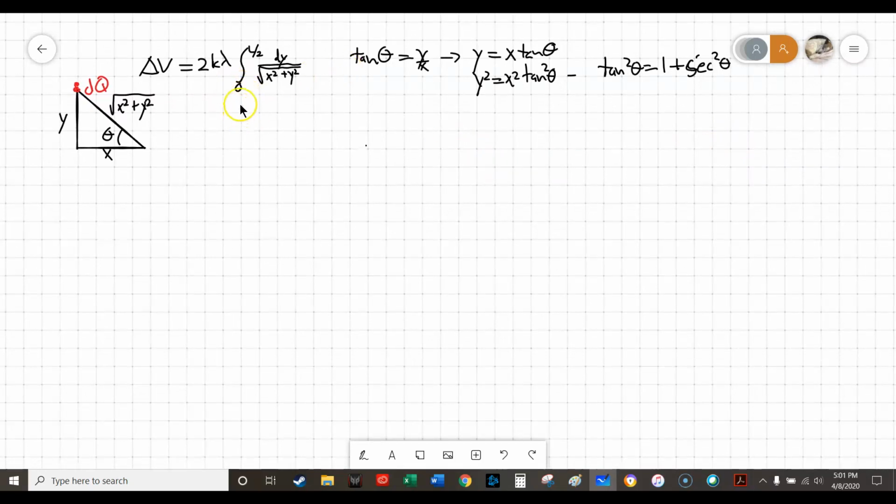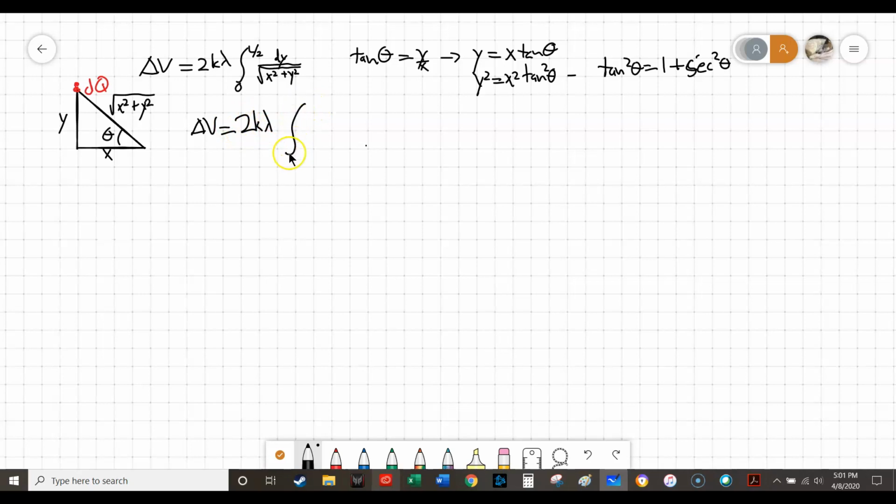So I'm going to now continue writing this right here. So delta V is equal to 2k lambda from 0 to L over 2. I'm going to leave dy there, and I'm going to start substituting in this stuff right here.